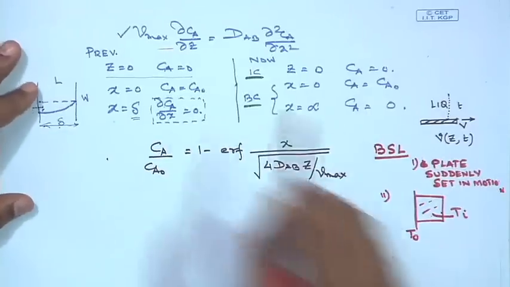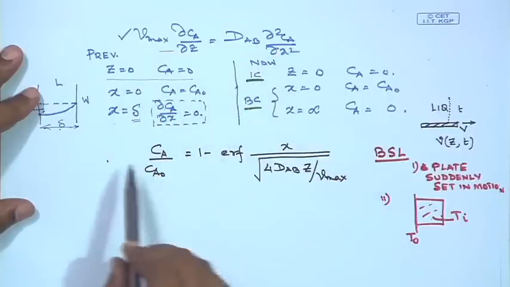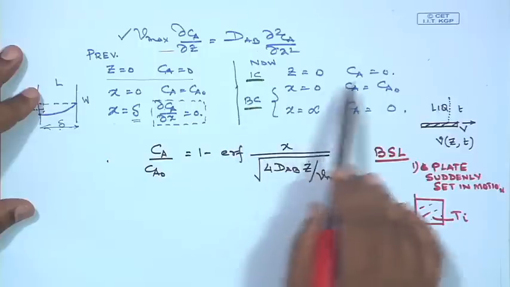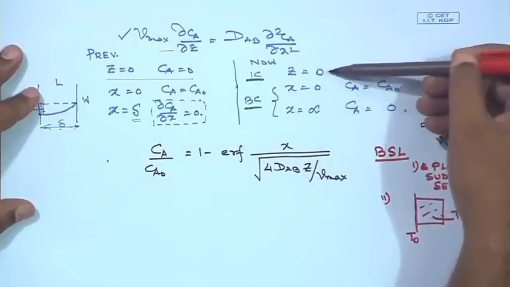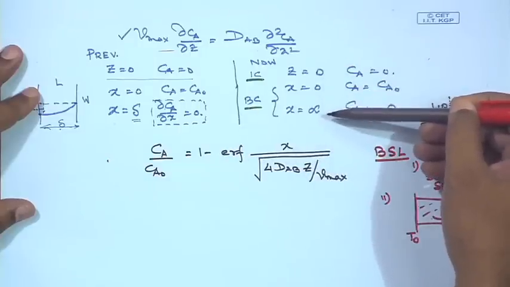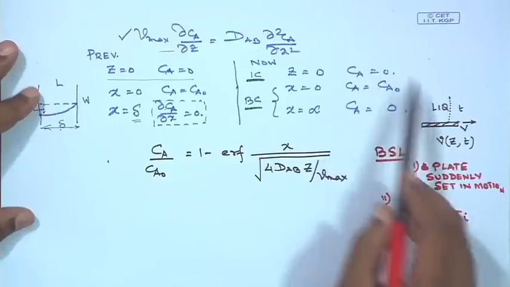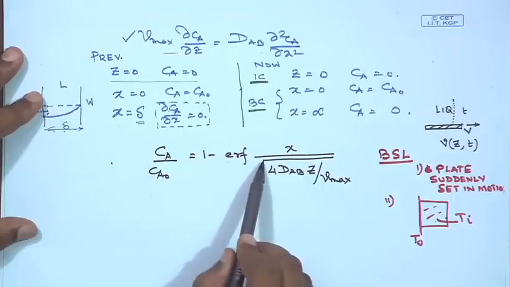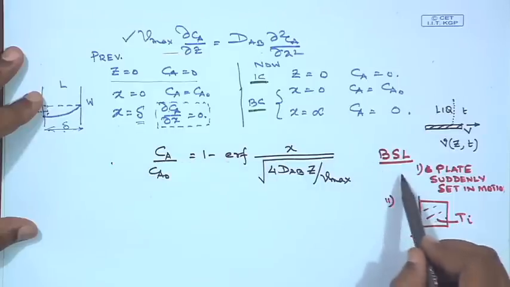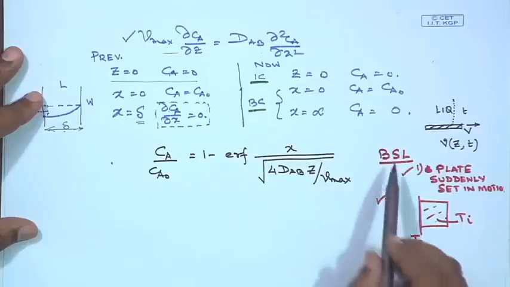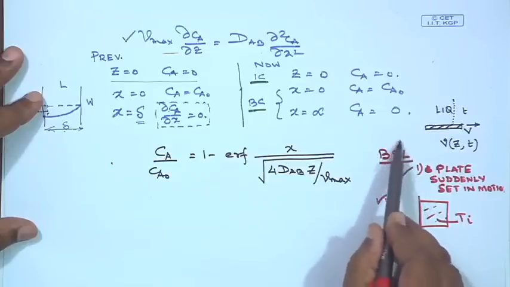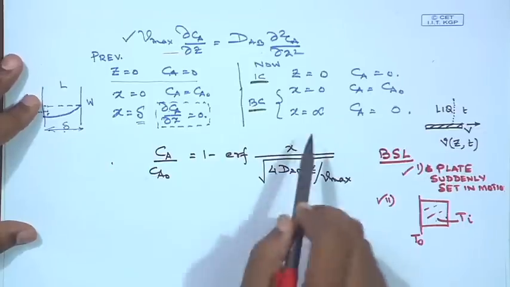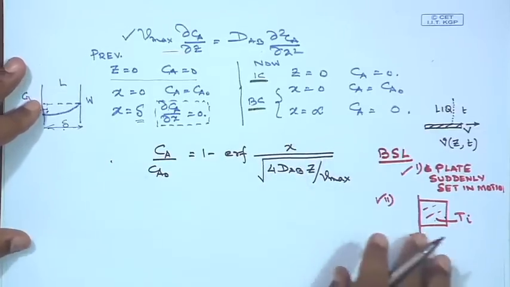If your initial condition and boundary conditions are like this, one at z equals 0, one at x equals 0 and x equals infinity, then the dimensionless concentration can be written in the form of error functions, and you can simply cite any one of these two which is solved in detail in Bird, Stewart and Lightfoot, and you can check how you are going to get this, which I will not use anymore.